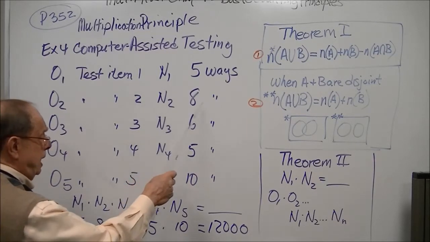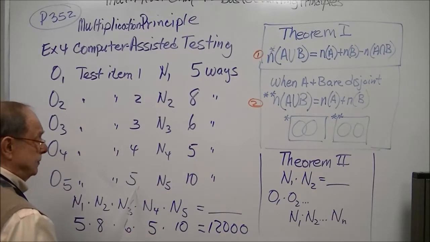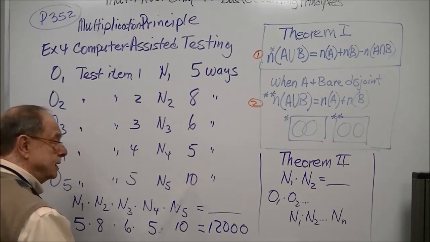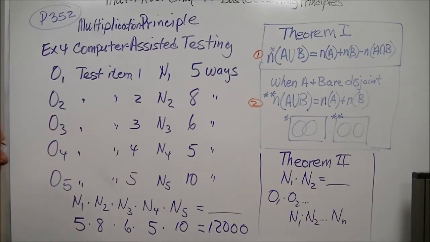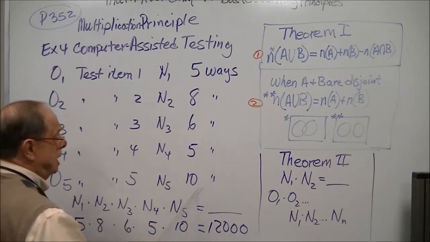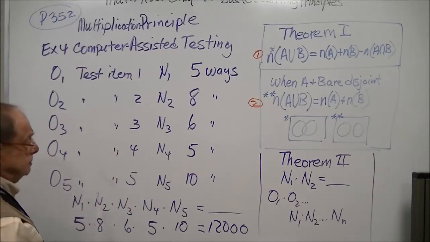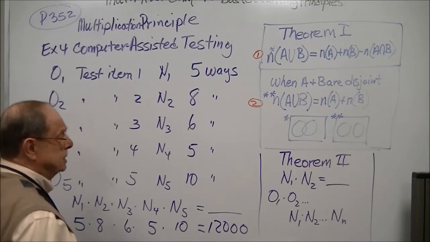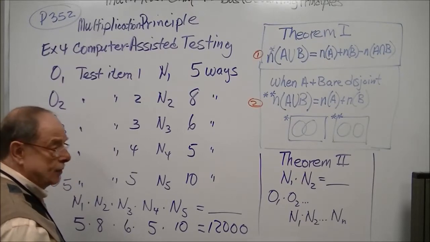Test item 2, 8; 3, 6; 4, 5; and question 5, there are 10 different questions that will be generated randomly. And by the way, that's what we use in MathLab here. Well, keeping these different ways in mind, and we have these operations, how many different kinds of tests might you have all together?